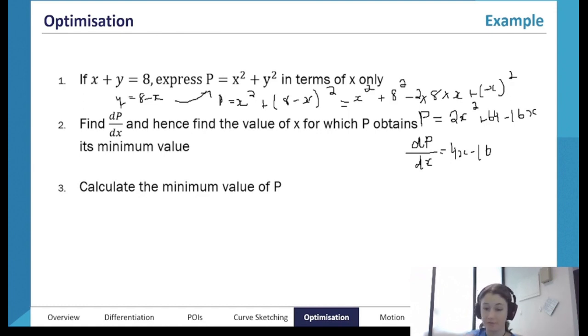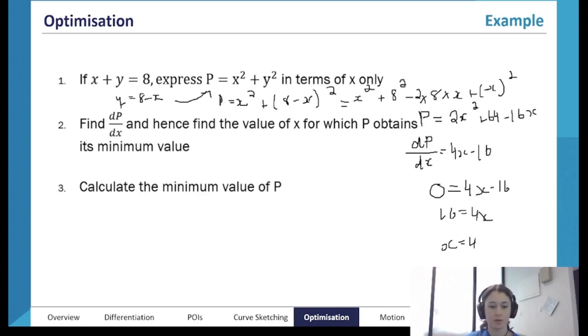Remember, when we're finding a minimum or a maximum value, that's going to occur at the stationary point. So we need to find when this derivative is equal to 0. So we're going to let this equal 0. We're going to get 16 equals 4x, so x is equal to 4.